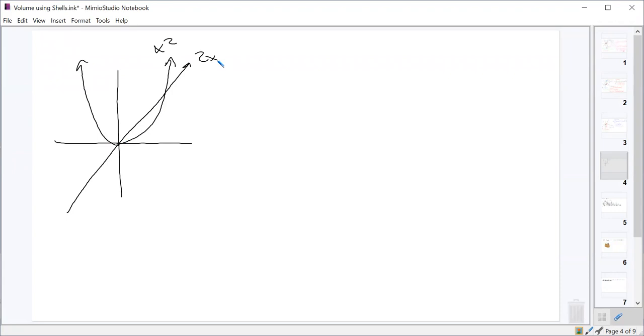And let's say I want to revolve this region here, we'll make it green, around a line. Does anybody got a number you like? 4. Okay, let's go with x equals 4. We want to go around x equals 4.